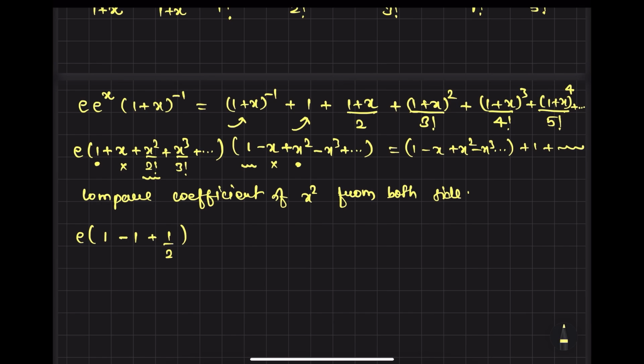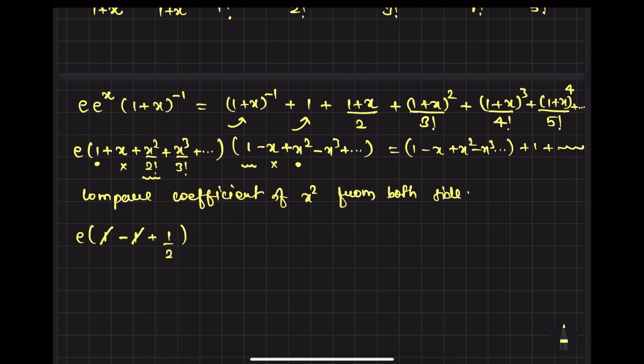So we got the coefficient of x square component from the left hand side. Is that okay? Now let's be focused on the coefficient of x square from the right hand side.